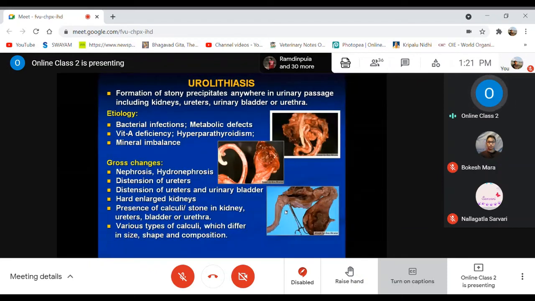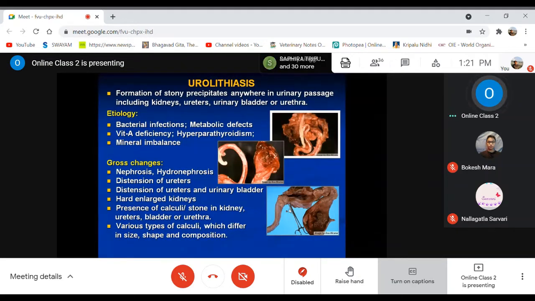Anywhere in any part of the urinary system, if such stony hard substances, what we call renal calculi, are formed, that is known as urolithiasis.